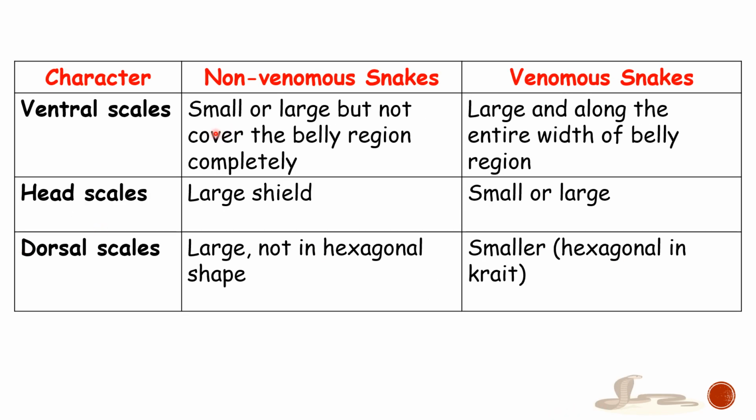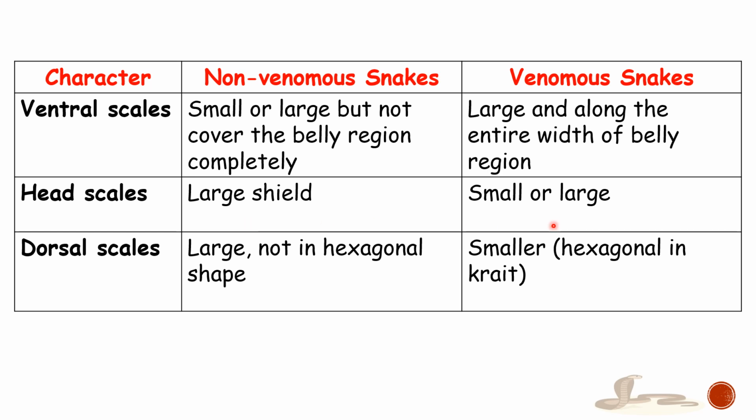Coming to ventral scales, non-venomous snakes have small or large scales, but they do not cover the entire belly region. In contrast, in venomous snakes they are large and cover the entire width of the belly region. Coming to head scales, in non-venomous snakes large shields are present.